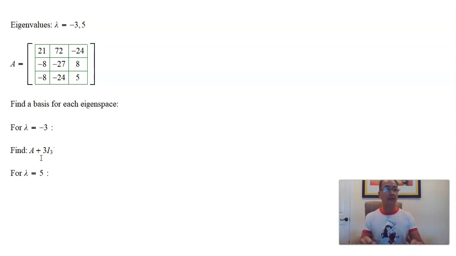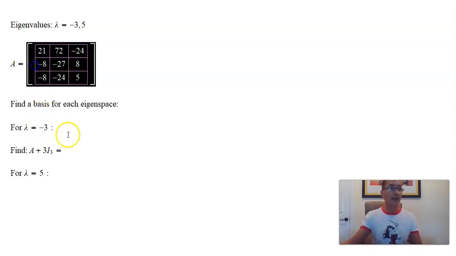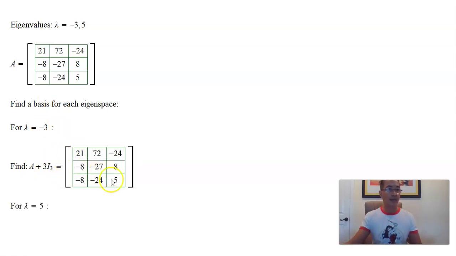Minus minus 3 is plus 3. So we will take our A and we will add 3 along the diagonal, being careful with the sign. 21 plus 3 is 24. Minus 27 plus 3 is minus 24. 5 plus 3 is 8.